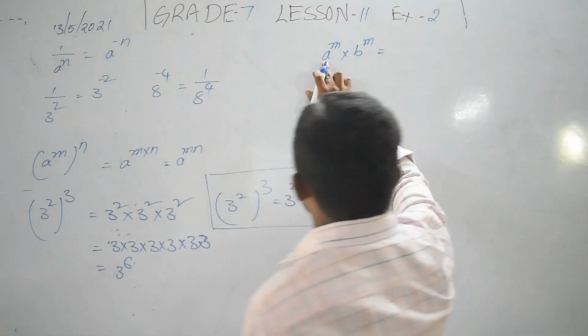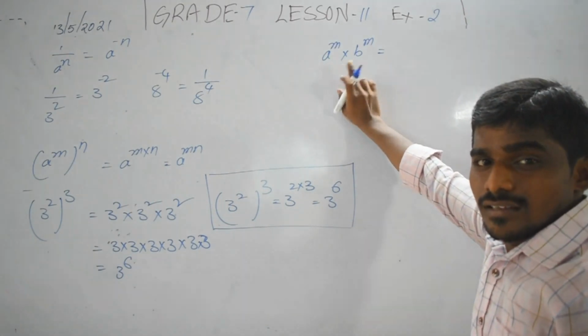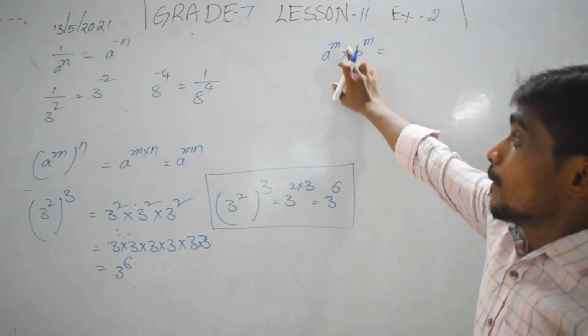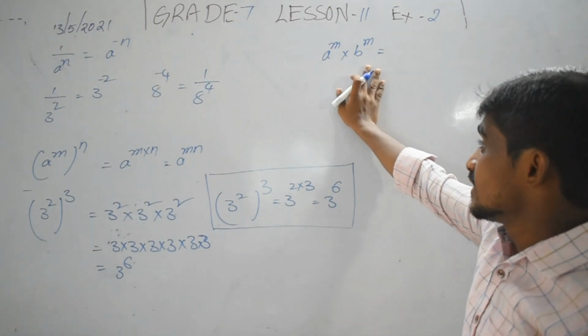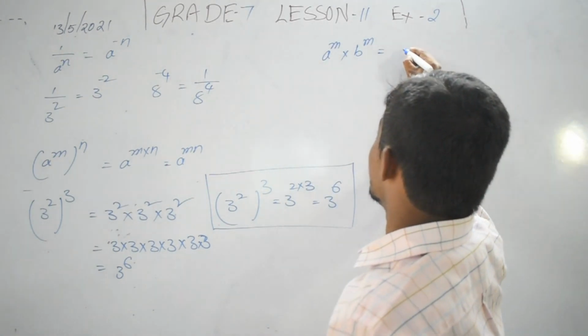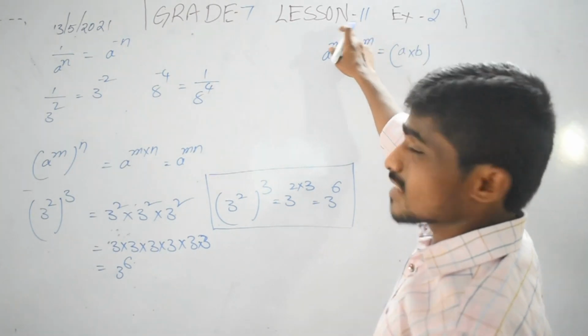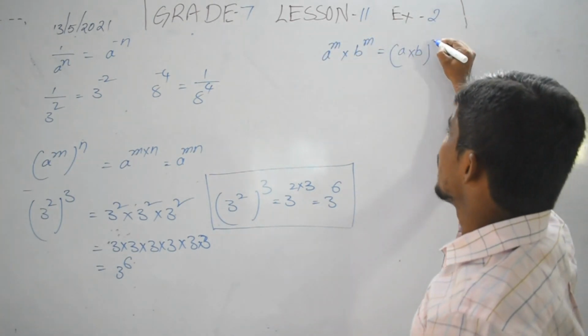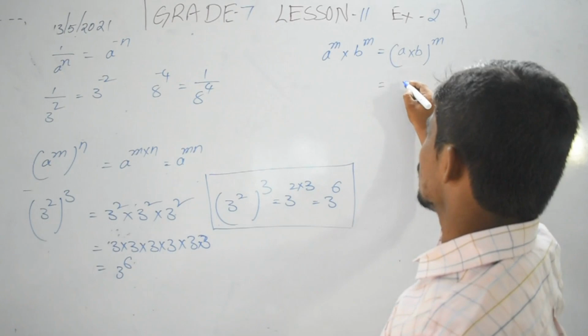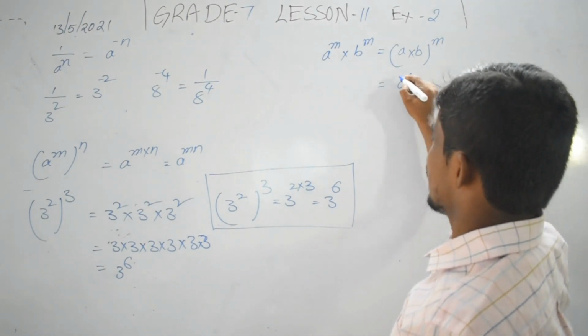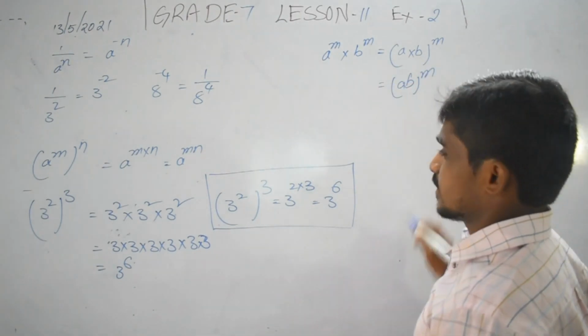Here the bases are different and the powers are equal. In this case, how do we write it? a times b, the bases are different, the power m is the same. So a times b, whole power m, (ab)^m.